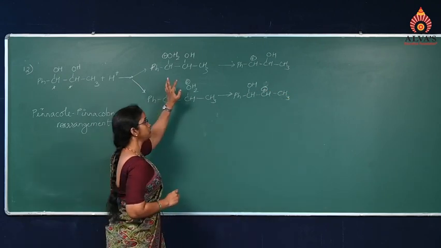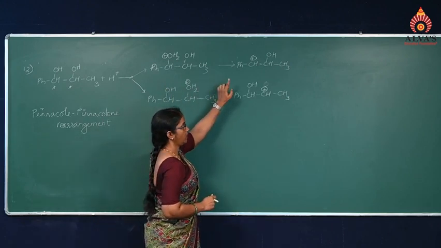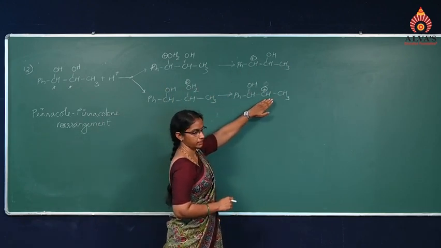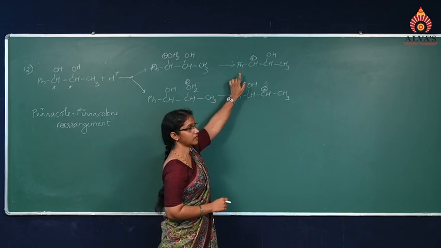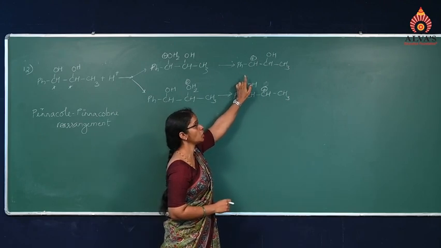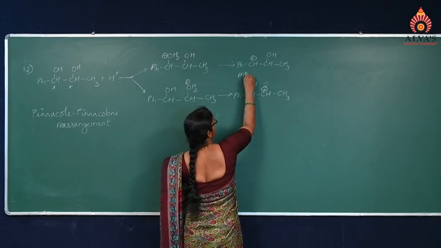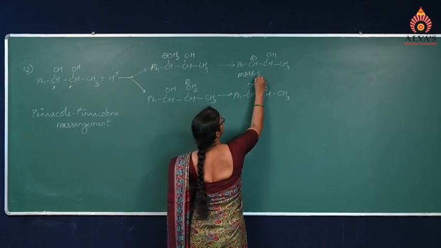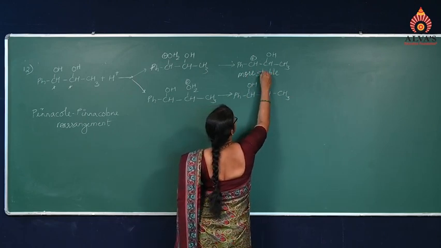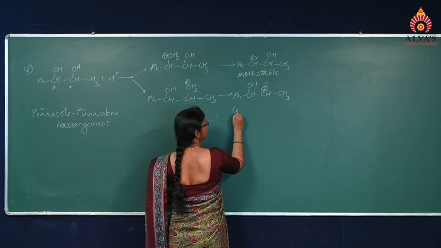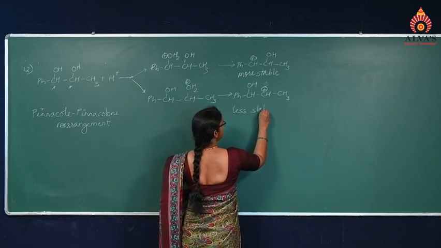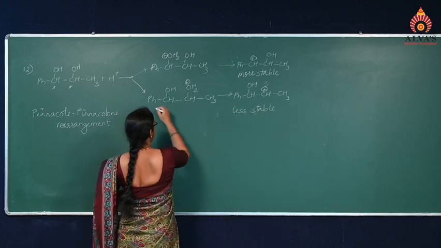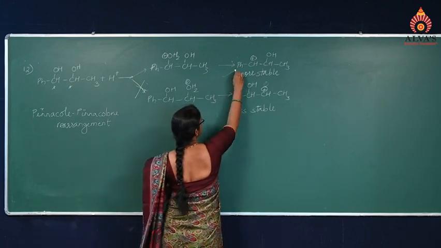Now, out of the 2 carbocations, one is benzyl and another is secondary. We have learned that benzyl carbocation is more stable compared to secondary carbocation. This is less stable. As a result, the reaction will preferably go in this direction.